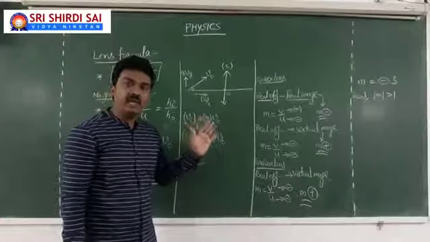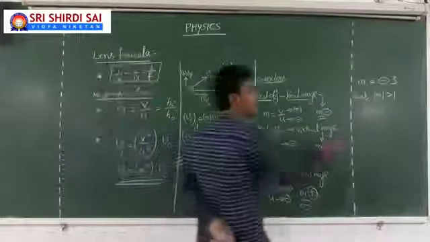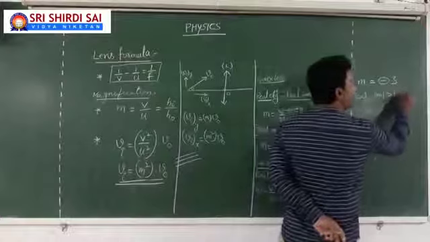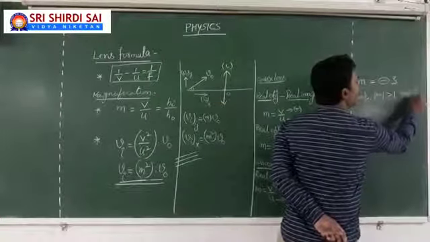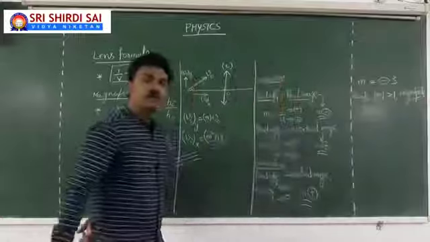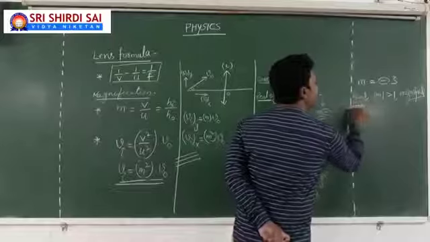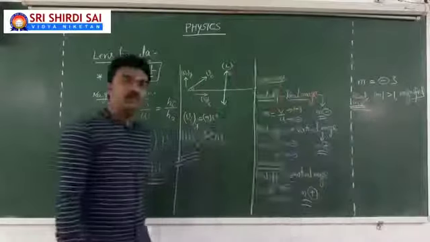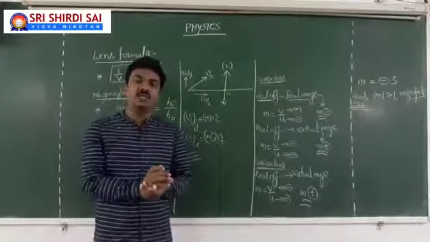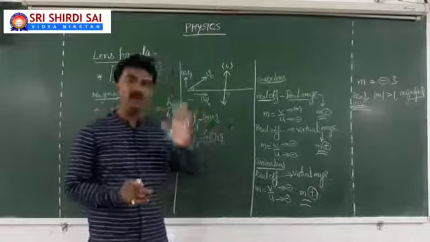So modulus of M greater than 1 indicates the image is magnified, which you learned in the earlier classes. Whenever the image is real, it is inverted of course. So when M equal to -3, your image is real, inverted, magnified.